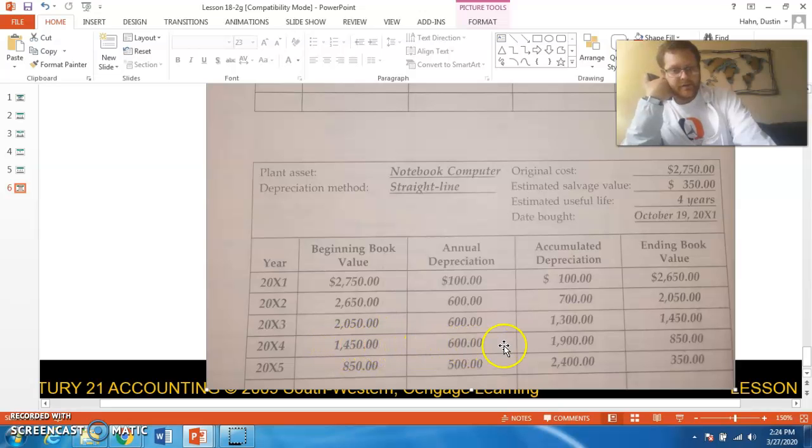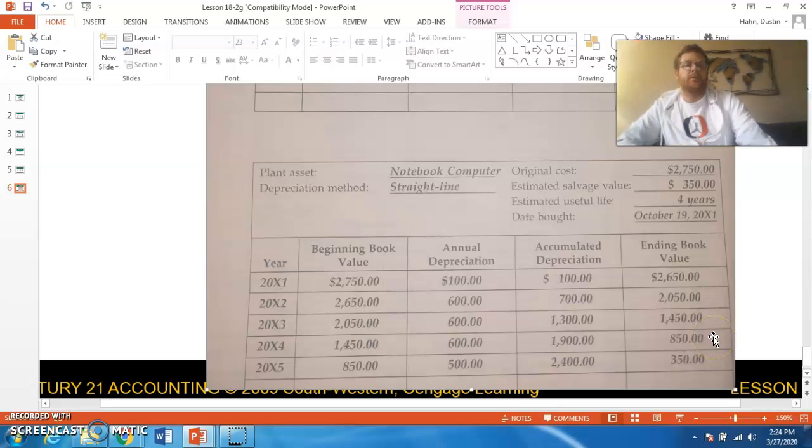So this row is still going to fulfill the annual depreciation. Okay, so that 600 right there, bring down that 1450, that 1300 plus 600 equals your 1900, 1450 minus your 600 equals your 850.